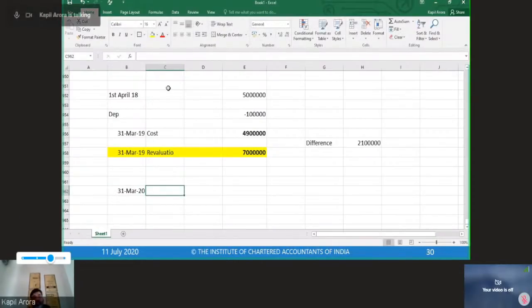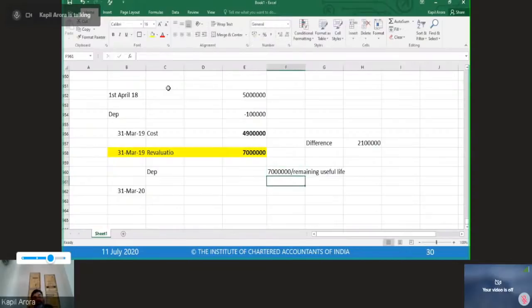What would be the value on 31st March 20? The value on 31st March 20 would be based on the depreciation, which will now be charged not on 50 lakhs. The depreciation would be based on 70 lakhs, which is the new value, upon the remaining useful life.